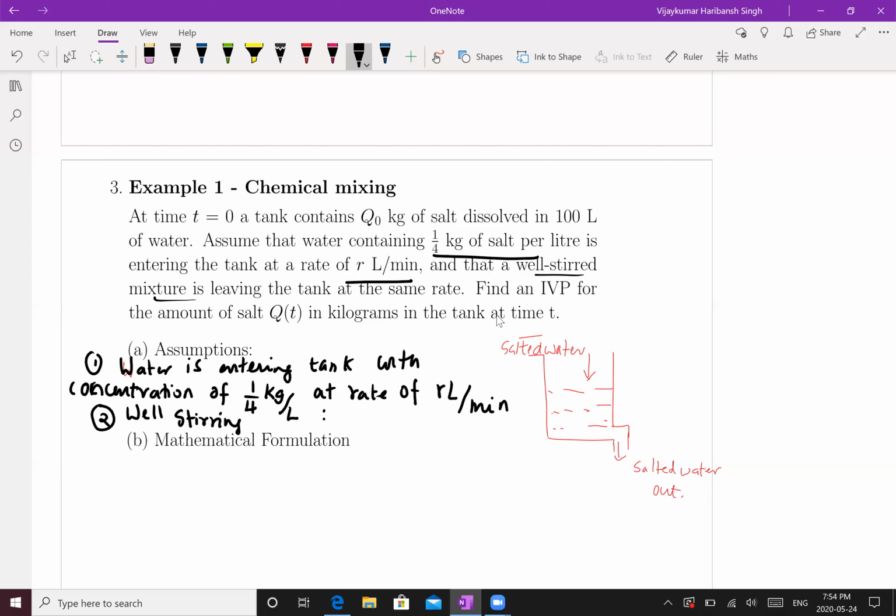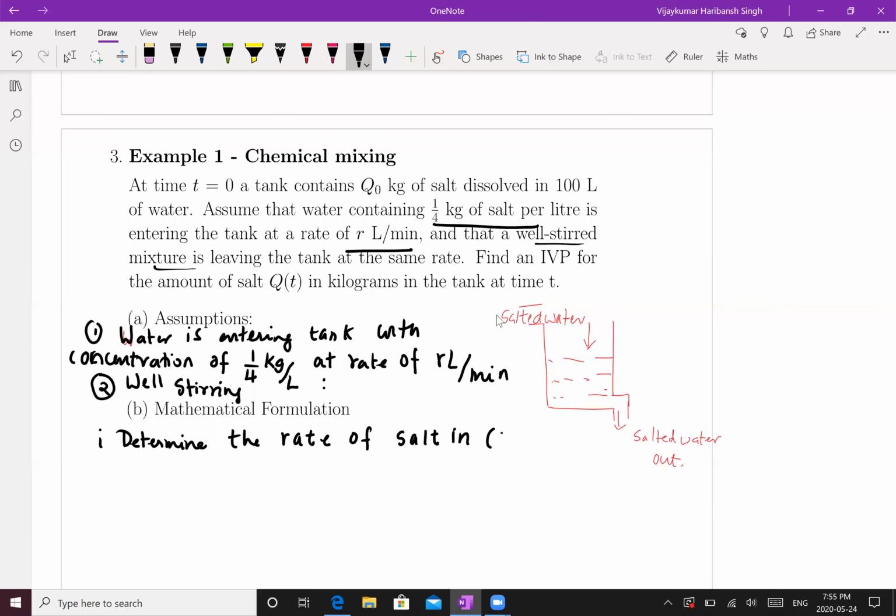So let's determine the rate of salt in. At what rate is salt coming in? Let's call it R in for short.